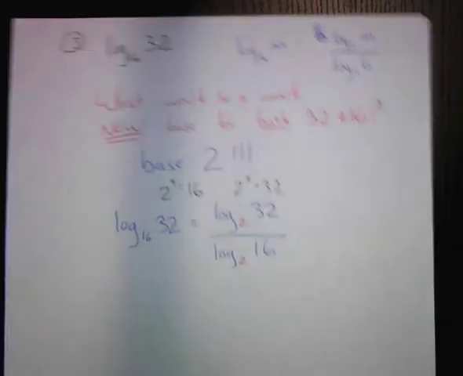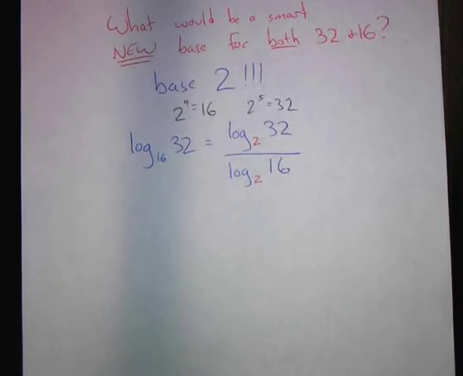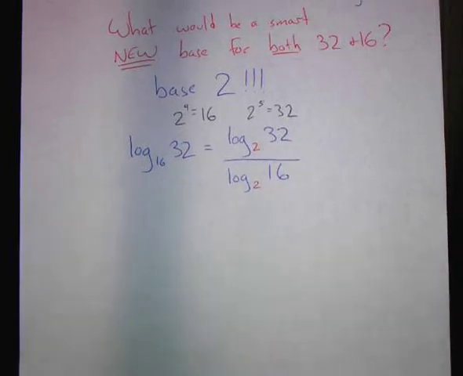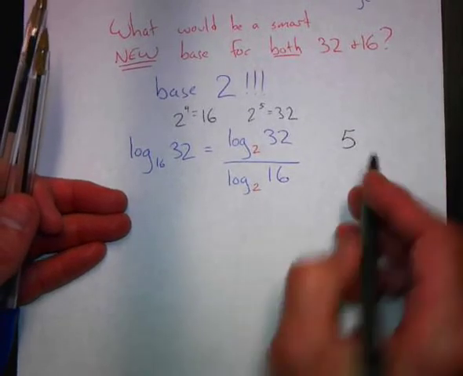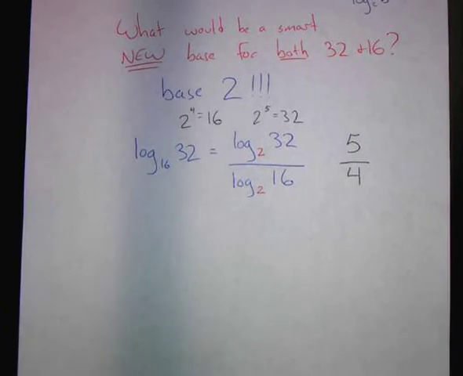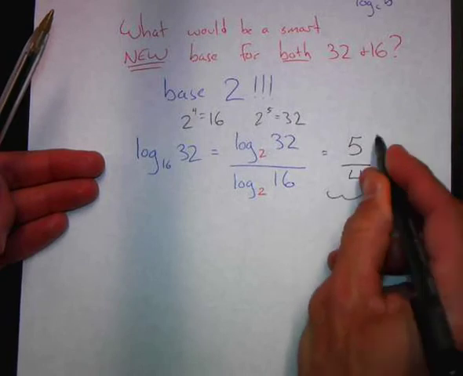Now, what can we do? In the numerator, we have log base 2 of 32: 2 to what power is 32? We know that to be 5. In the denominator, 2 to what power is 16? We know that to be 4. So we use the change of base formula to get to 5 over 4.